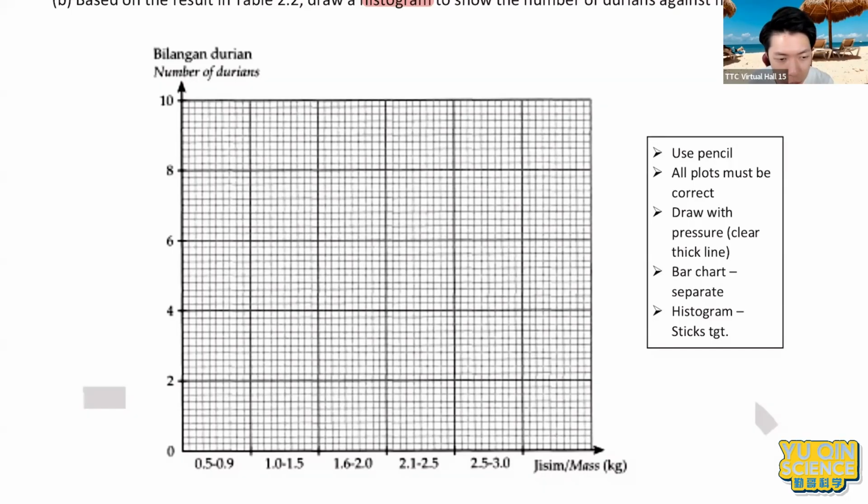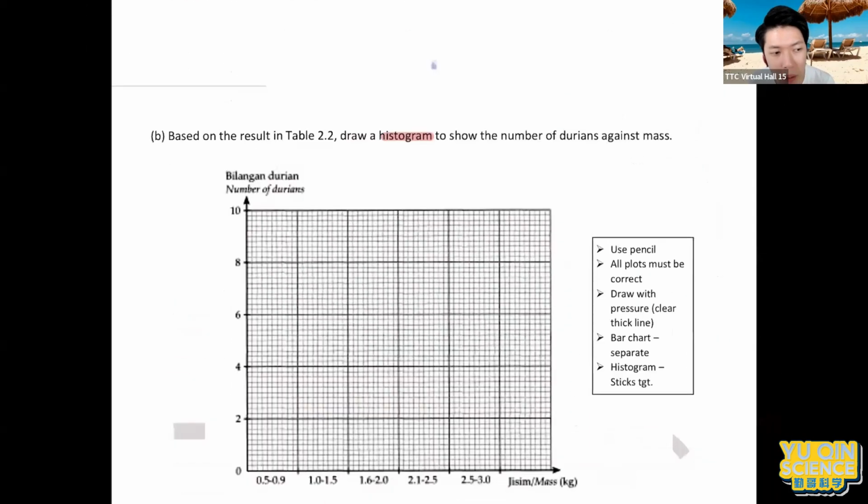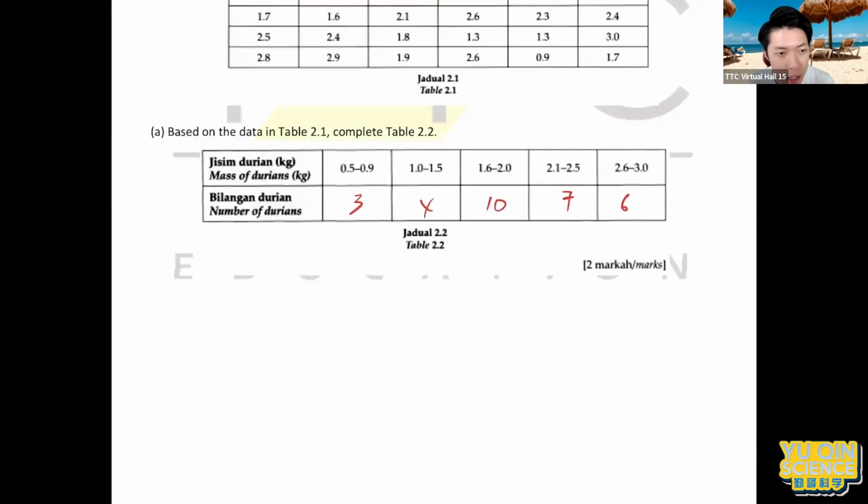This is definitely a histogram with bars sticking together, so we want to draw bars but sticking together. 3, 4, 10, 7, 6.